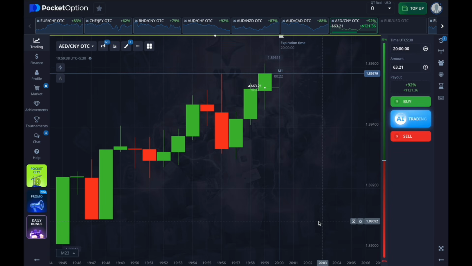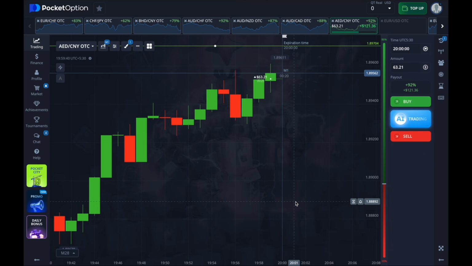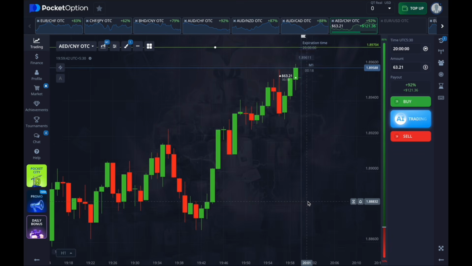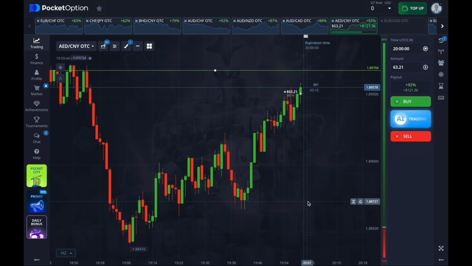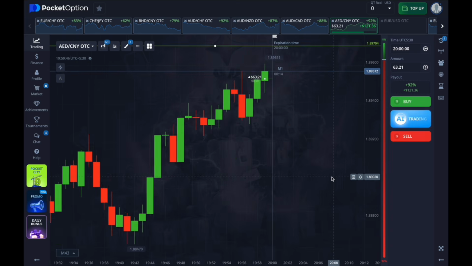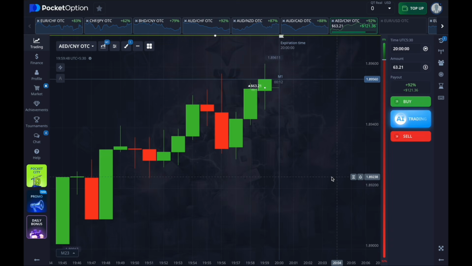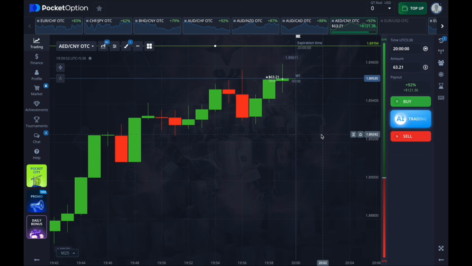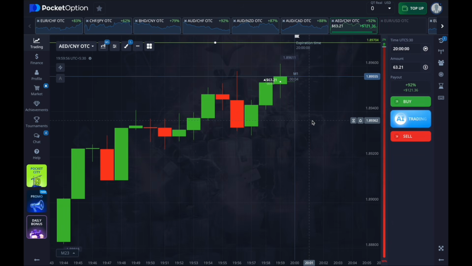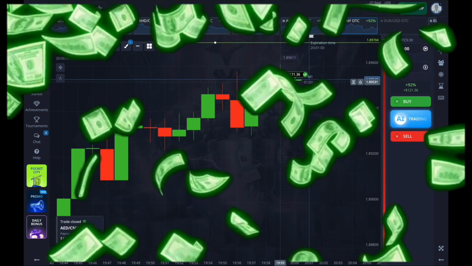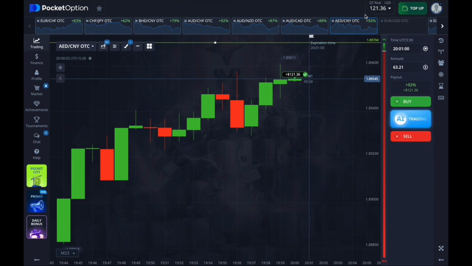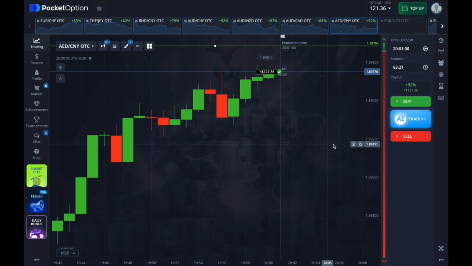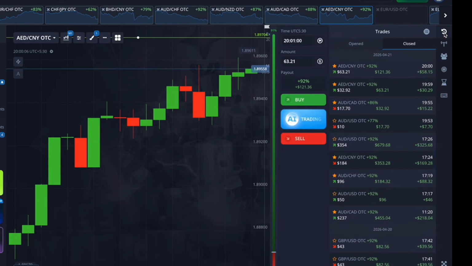The next candle will also be a green one, but since I'm doing a 4-step challenge from $10 to $100, this fourth trade has successfully given me my target. This current candle is definitely going to close as a green one, and even the next candle has a high tendency to close as a green one, but my challenge here was to complete my 4-step challenge, that is from $10 to $100, and I have successfully achieved my target.